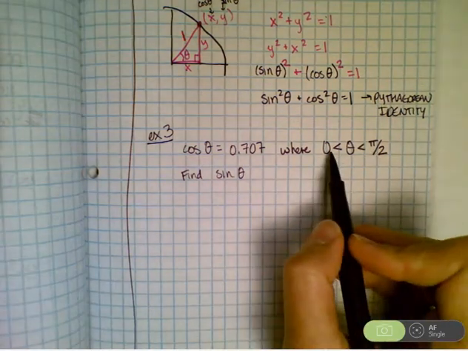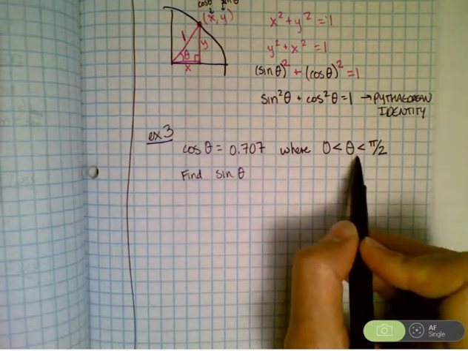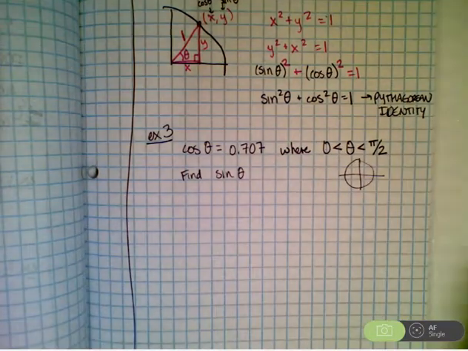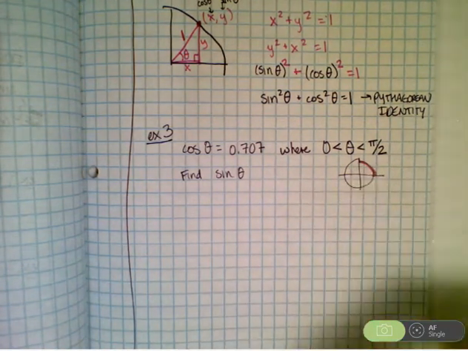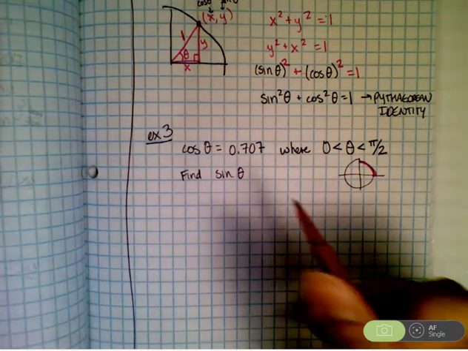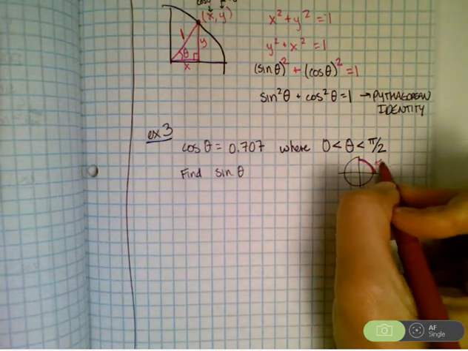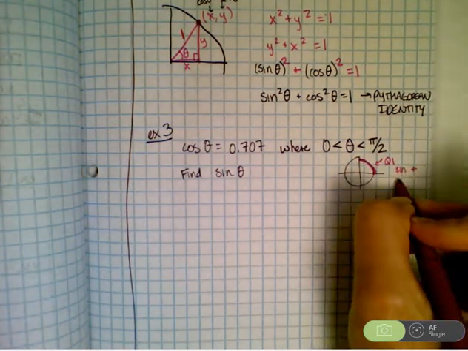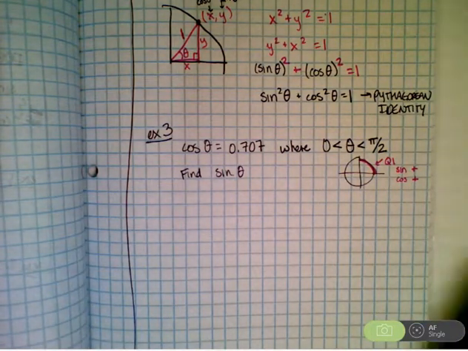So if this says it's where the angle is greater than 0 and less than pi over 2. So if you think about a little mini unit circle, that means that the angle is somewhere between here and here. And that becomes really important because that's going to tell us at the end whether our answer is positive or negative. So here in quadrant 1, right, our sine and cosine are both positive. So that's going to be important, and you'll see why in a minute.